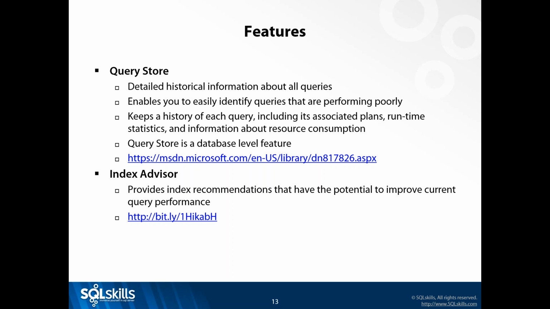So this can help you much more narrowly tune by being able to go back and see what the behavior was for those queries. Now there are certain things, the size that the Query Store takes up, some of these things are adjustable. And so that stuff I'm sure Erin is going to cover in her course, but you can read more about that at the URL. And this is a database level feature. So you don't have to turn it on for every database, and it is not on by default. So you have to go and enable that once you create your Azure SQL database.